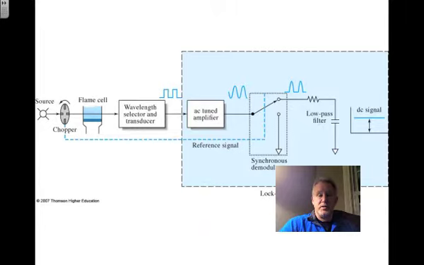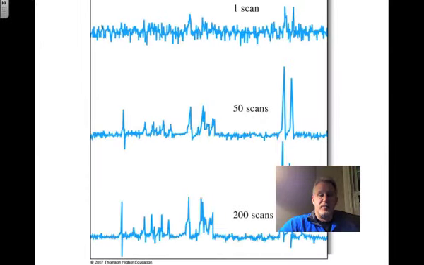It gets into your amplifier, and the amplifier can, obviously, amplify both signals, and then you subtract out the one that is the background. Another thing in there is the wavelength selector. We'll get into a lot of that as we move forward.